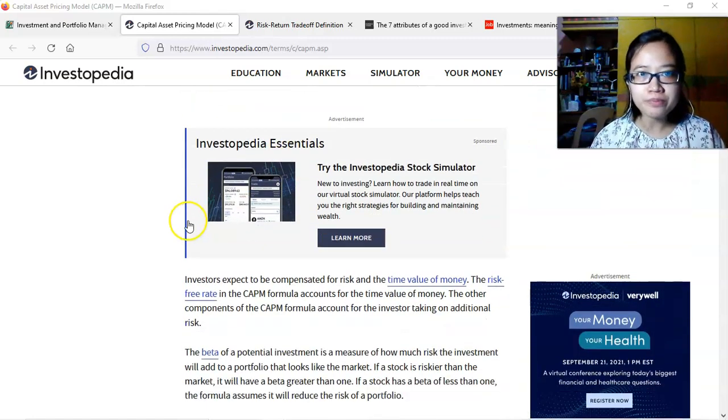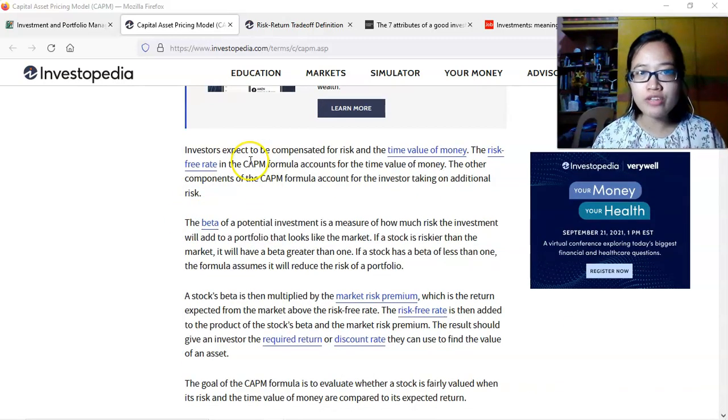So, paano nga ba yan? Investors expect to be compensated for risk and the time value of money. Yung risk-free rate na tinatawag dun sa CAPM formula natin, it accounts for the time value of money. Kasi kumbaga, if you did not invest your money and you use it to consume products currently, nagamit mo na siya, right?